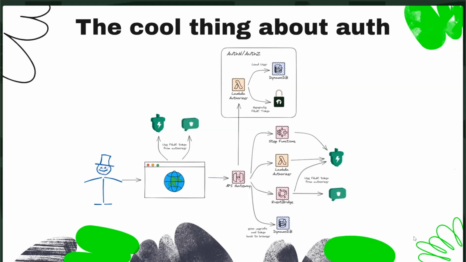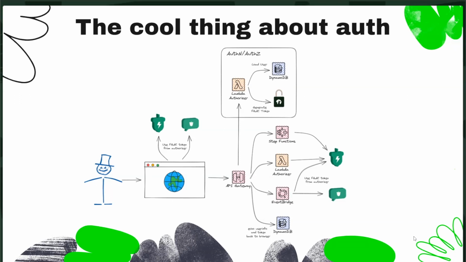So again, this comes from a pattern at my last job where all of our microservices were fronted by a Lambda authorizer, and that Lambda authorizer would do two things. One, it would validate the JWT. Is this valid? Is it expired? All that. But it also loads that user out of DynamoDB and provides contextual and role-based authentication mechanisms back to API Gateway.